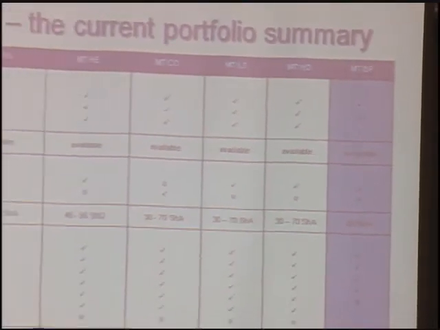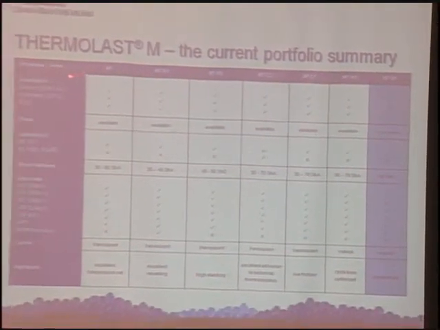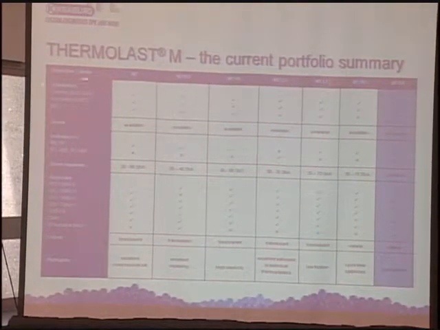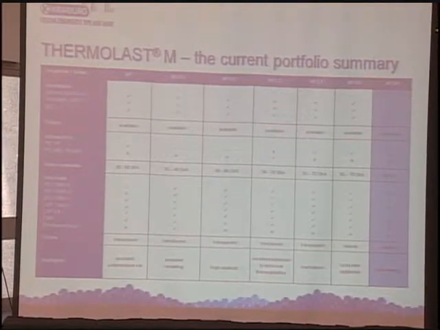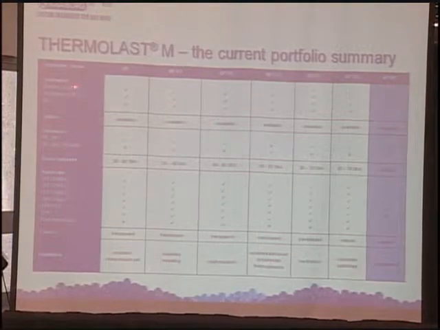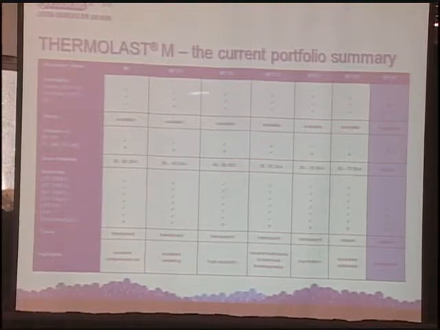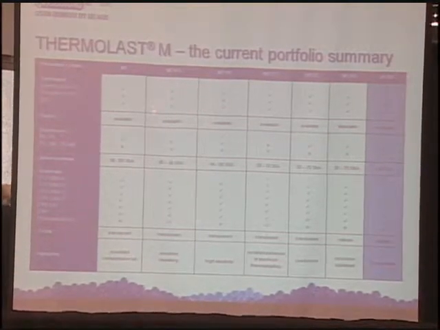Looking at the general purpose material, we can see that all the materials are sterilizable. We did strict testing on steam sterilization, gamma radiation, and also ETO. All the materials in different series pass all those sterilization tests.